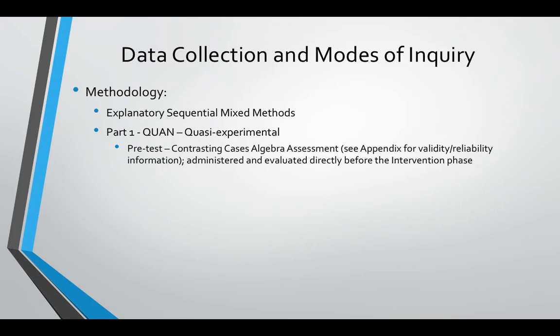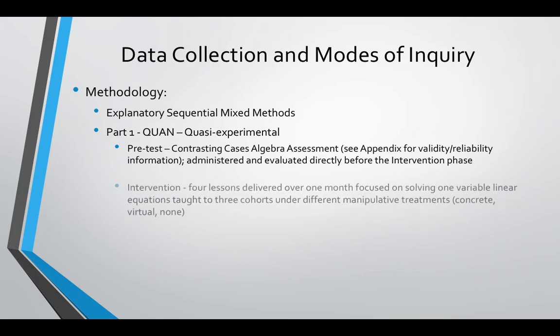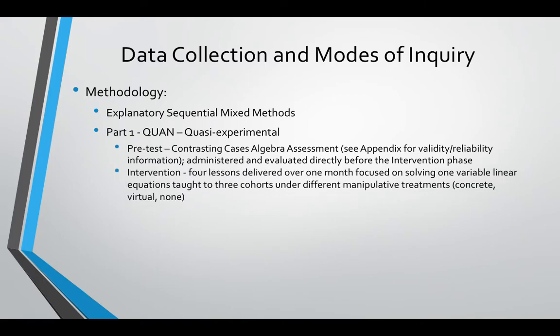And it will be administered and evaluated directly before the intervention phase. The intervention phase will consist of 4 lessons delivered over the period of 1 month, and these will focus on solving variable linear equations, taught to 3 cohorts under different manipulative treatments: concrete, virtual, and none.